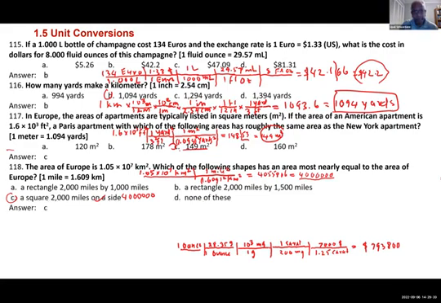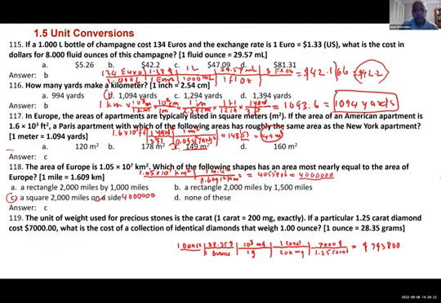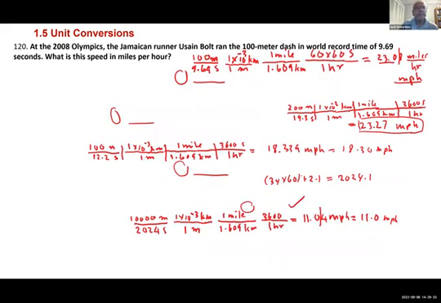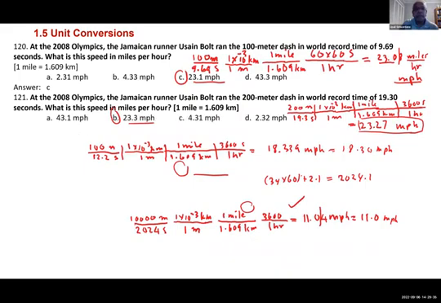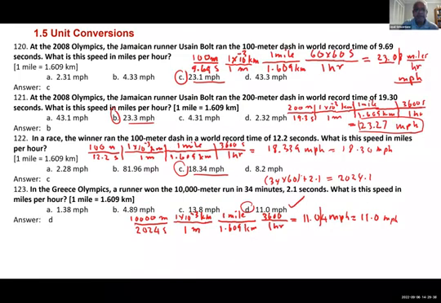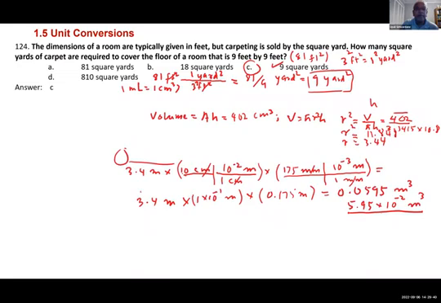You guys have to get the idea. You have to do at least a couple to master the conversions. Therefore, you can do it. I have given all the answers to the problems, how I get it.